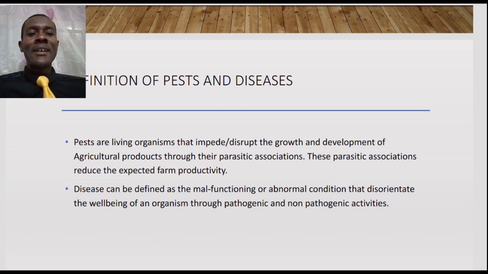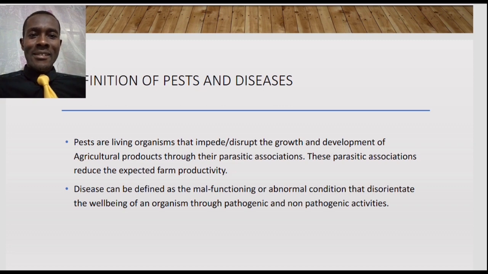Pests are living organisms that impede or disrupt the growth and development of agricultural products through their parasitic associations. These parasitic associations reduce the expected farm productivity. What do we mean by that? Pests are living organisms.